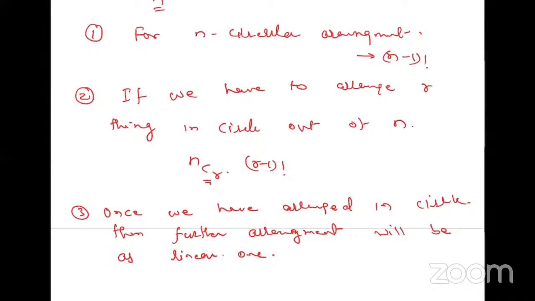The first two statements in this case are very simple, but you have to take care. First, for n circular arrangement, this will be n minus 1 factorial. For the second, if out of n we have to select r and arrange, this will be nCr times factorial r minus 1.